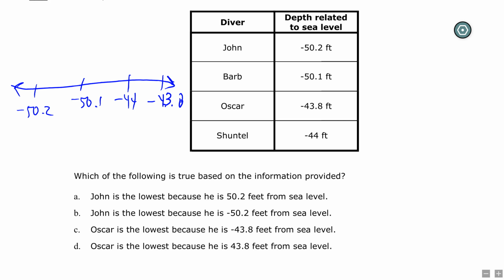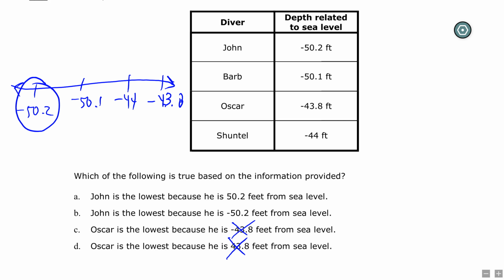So looking at my graph or my number line, I can see where I've graphed these, and I know that as my numbers go to the right, they become larger or more positive. As they go to the left, they become smaller or more negative. And so then my smallest number is going to be my -50 and 2 tenths. And that's going to help me eliminate a couple of answer choices right off the bat. So I can see that C and D will not work.